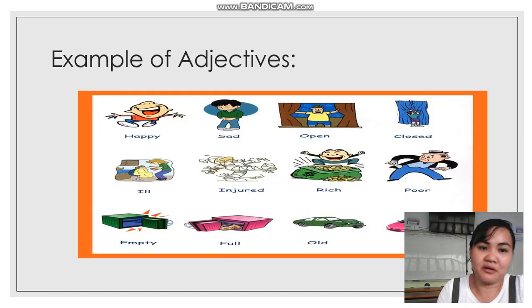Next, I do have here some words that we could use to describe a noun. So we have happy, sad, open, closed, ill, injured, rich, poor, empty, full, old, and new. Those are the words that we can use to describe a noun or a pronoun.